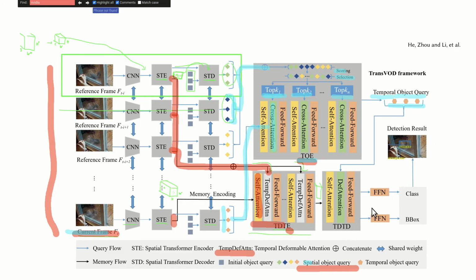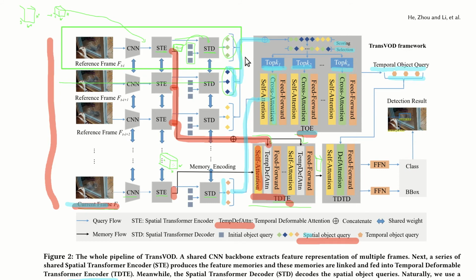Okay, so having said that, we get 100 of these feature queries out, and for them we create bounding boxes and classes and get the results we see here. To summarize the architecture once again, we have these frames in the past, 1, 2, 3, 4, 5 frames in the past, and the current frame for which we would like to have objects detected.